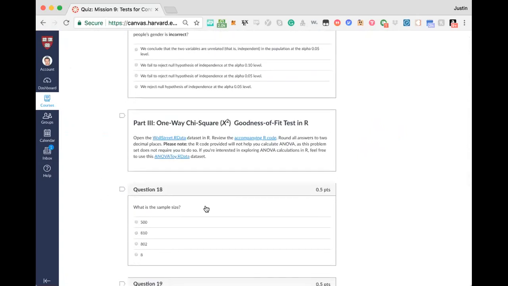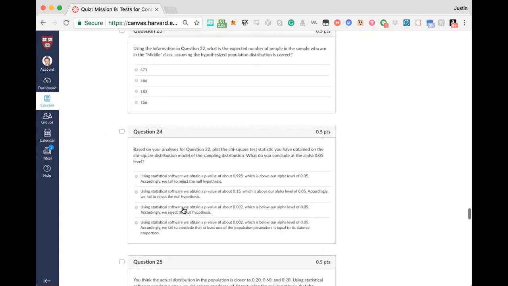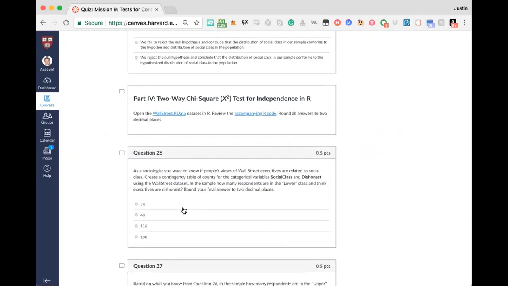Part 3 goes over the one-way chi-squared goodness of fit test in R, looking at the data set that we've provided. Part 4 deals with the two-way chi-squared test for independence in R.